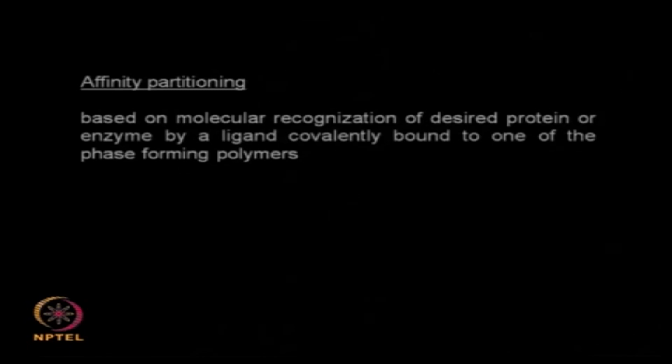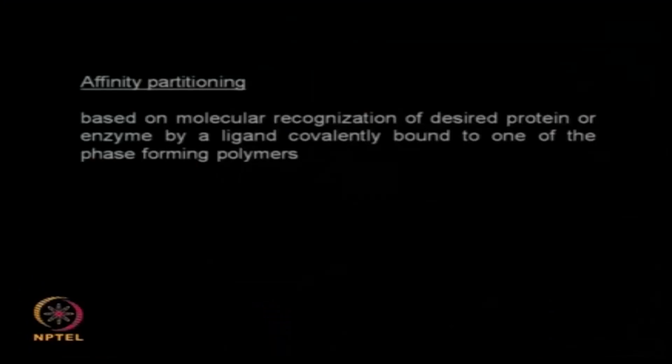Affinity partitioning is based on molecular recognition, like affinity chromatography; we will talk about chromatography later. You have a ligand which has an affinity for a protein. As you know, a ligand protein interaction is very selective. So if I have a ligand which is going to bind to a protein very selectively, then I will be able to extract only that protein from a mixture of a large number of proteins.